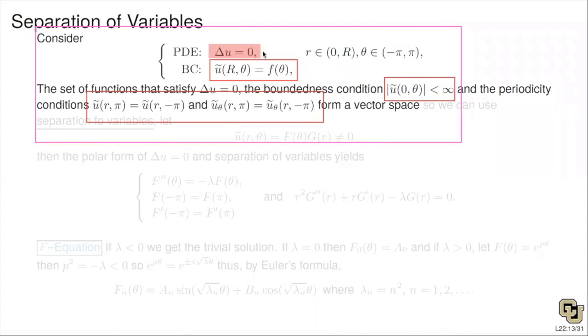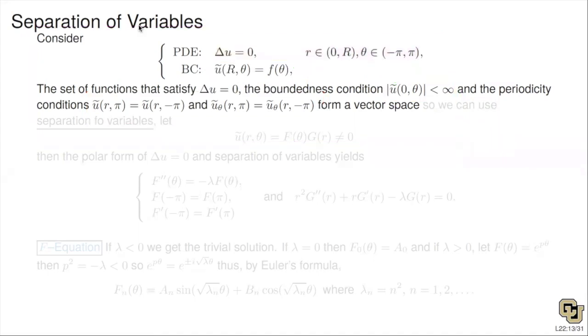We've got the PDE, the temperature at the edge, the boundedness condition, and this periodicity continuity condition. That's all the information we have, and of course we have this domain here. So that's the starting point, okay?